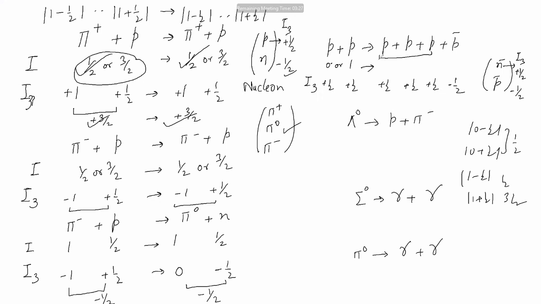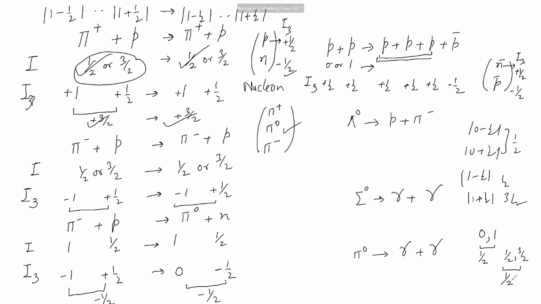When I was combining these first two particles, we were getting 0, 1. Then I combined the third particle, I was getting 1 by 2, 3 by 2. Then I was combining the fourth particle.